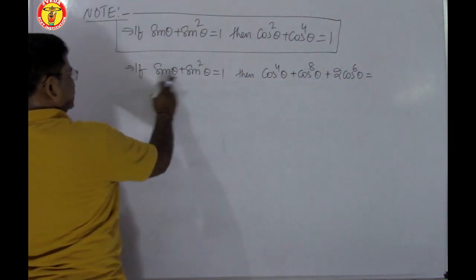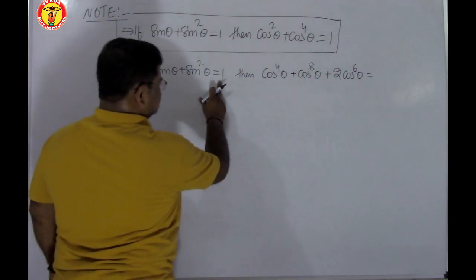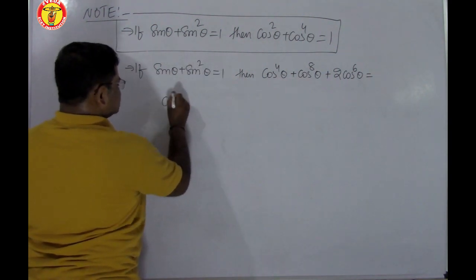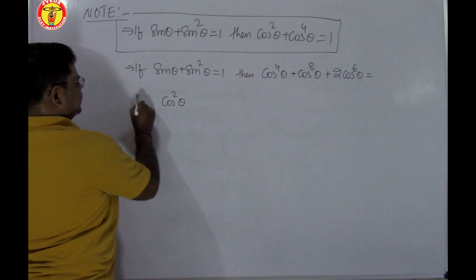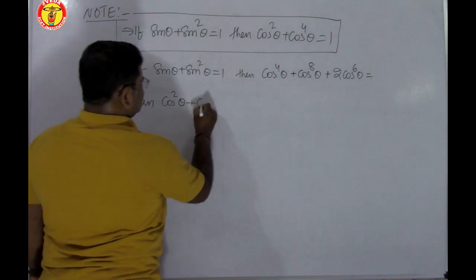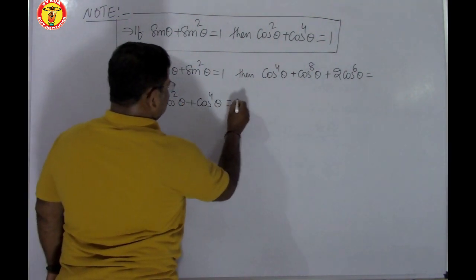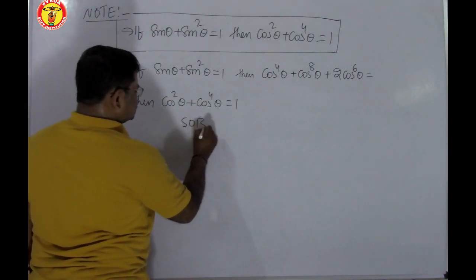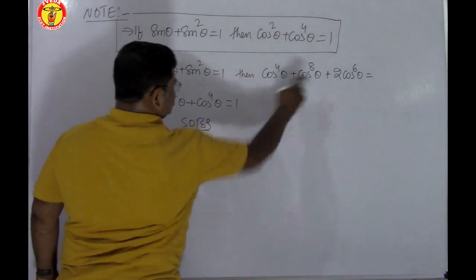We all know that when sin theta plus sin square theta is equal to 1, obviously the next condition is cos square theta plus cos power 4 theta is equal to 1. Now we have to square it on both sides to show the answer for this question.